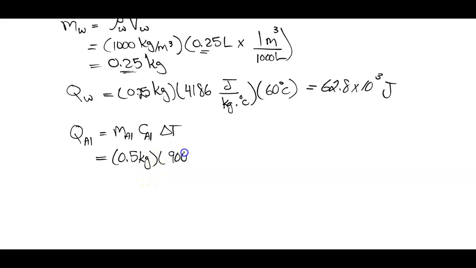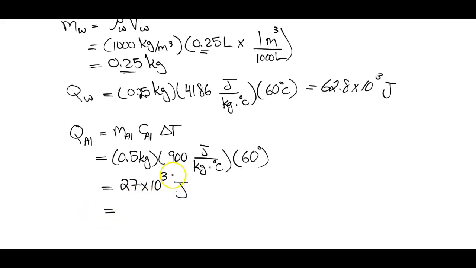The specific heat for aluminum is 900 joules per kilogram times degrees Celsius, and we have 60 degrees Celsius. It's the same as before, and if we do this, we get about 27 times 10 to the third joule.